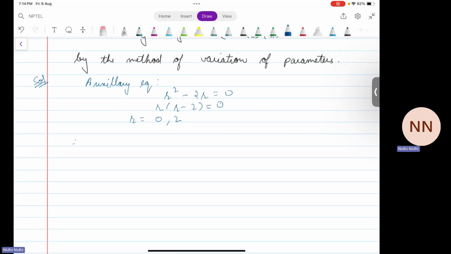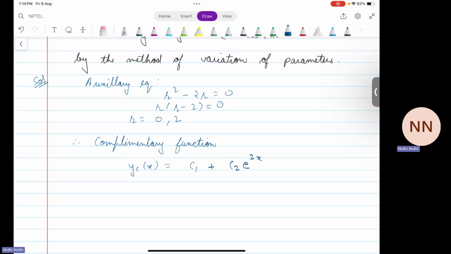Therefore, the complementary function ycx is equal to c1 e to the power 0x, that means just a constant c1, plus c2 e to the power 2x.